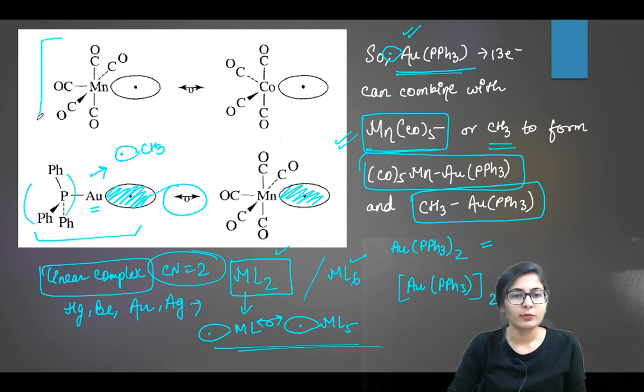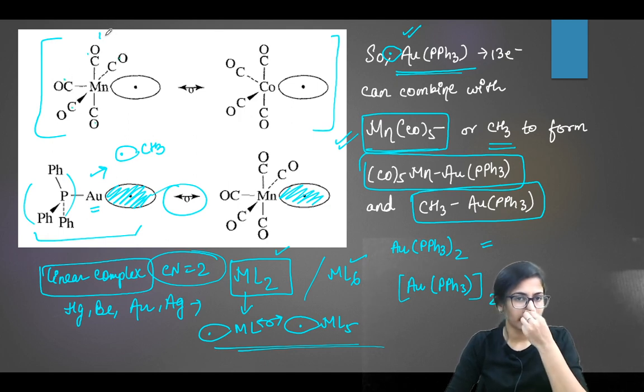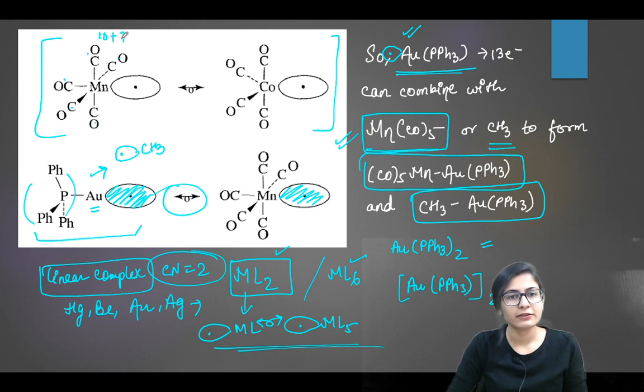Similarly, I have one more point to understand. Manganese here, is it a 15 electron complex or 17 electron? 1, 2, 3, 4, 5 carbonyls, so it is going to be 10 electrons plus 7 from manganese, so it is a 17 electron complex. Similarly, look at the other one.